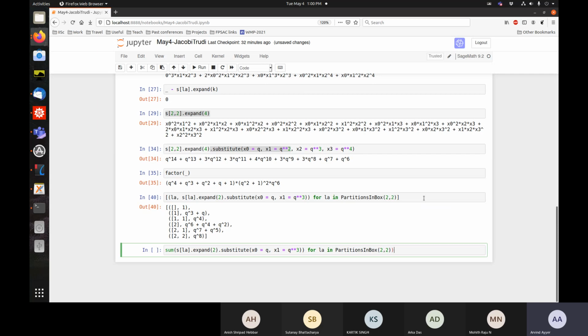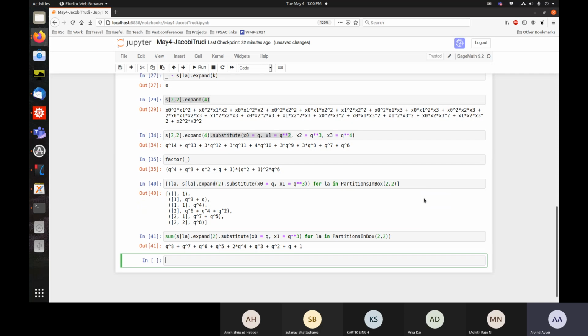Something is not right. And now, so this was what we obtained. So now if I factor this, lo and behold, you still have an unexpectedly nice product formula. And maybe if I show you more examples.